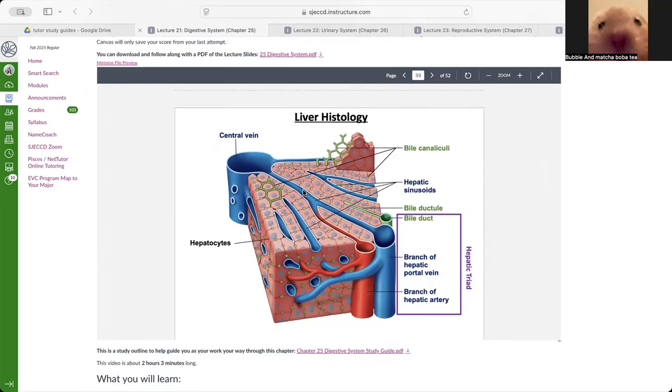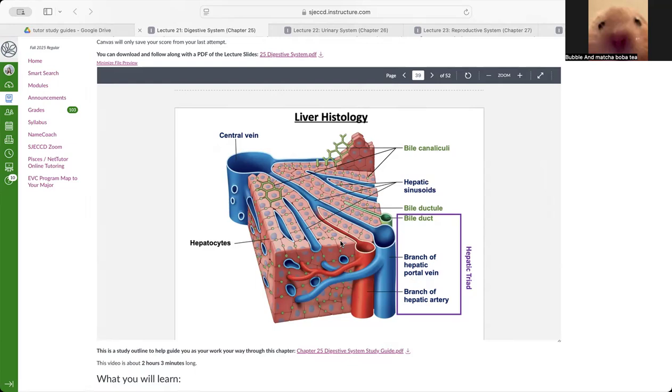They take in plasma from the sinusoids, remove waste we want to get rid of, and produce bile salts to emulsify lipids in the digestive system. Anything they don't use goes back to the hepatic sinusoids, aka filtering the blood. So blood goes into the hepatic sinusoids from the branches of the hepatic portal vein and the hepatic artery right here, and they feed into the sinusoids.